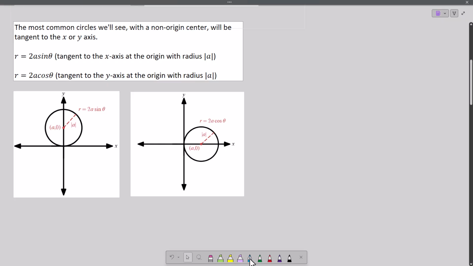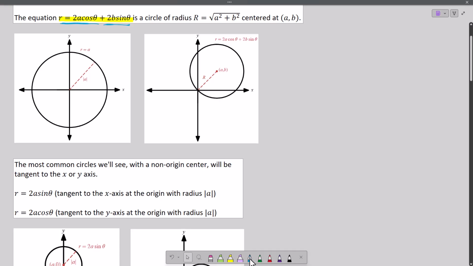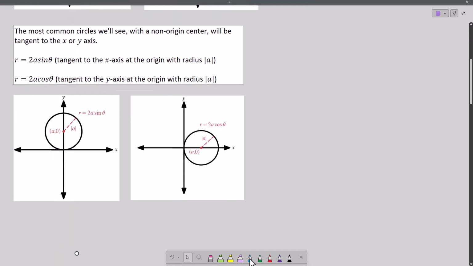So the most common circles we'll see that don't have an origin as the center will be these 2. So we're looking at this generalized circle, but we're either letting a be 0 or b be 0. So this group of circles will be tangent to the x-axis at the origin. So it looks like that.